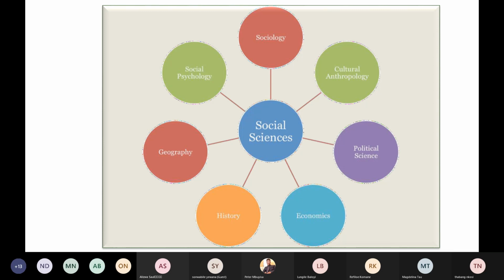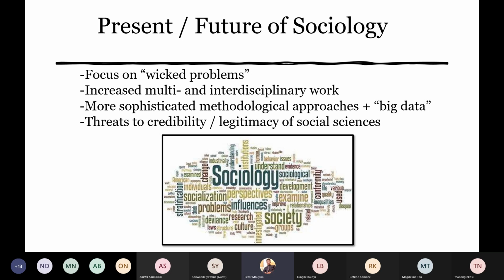And then we ask, what does that mean for our understanding of sociology in the present or the future? Notice that now we look at how sociology focuses on wicked problems, problems as a result of wicked people in society. And what do we mean by that? For example, oppressive people.